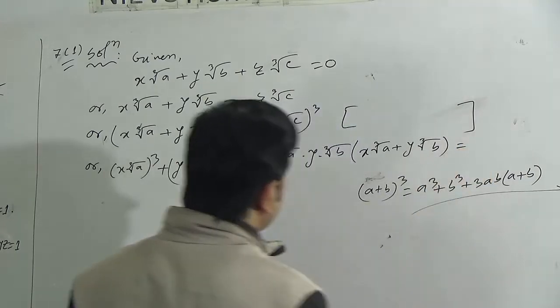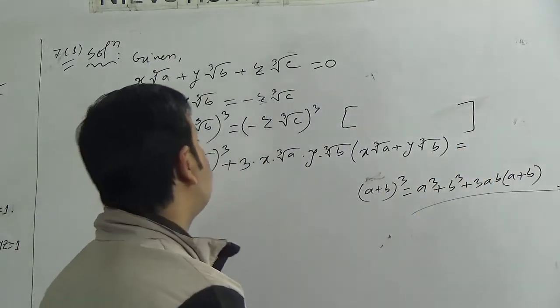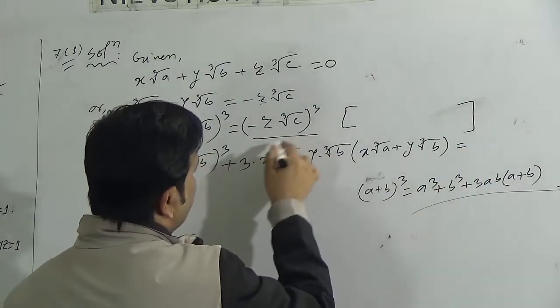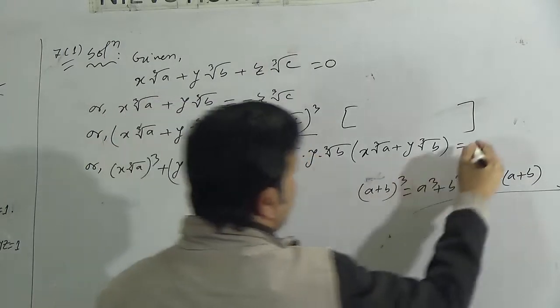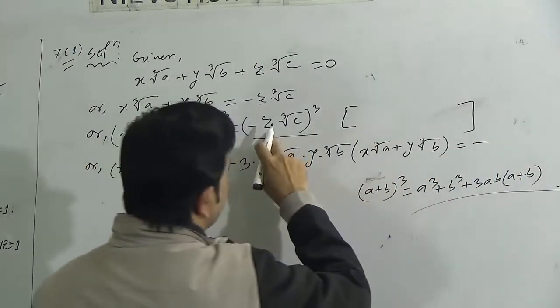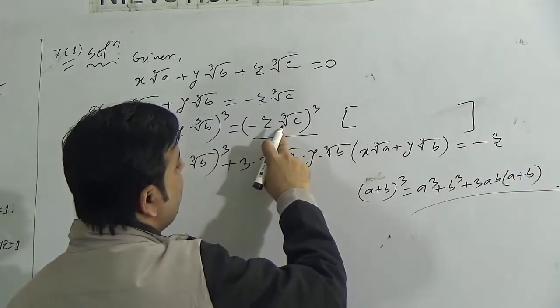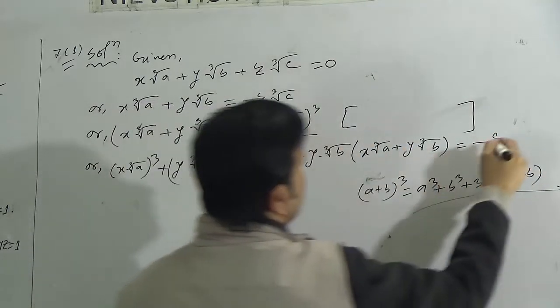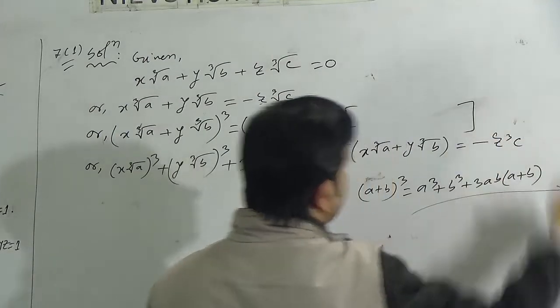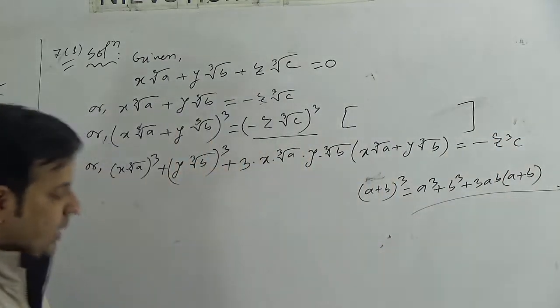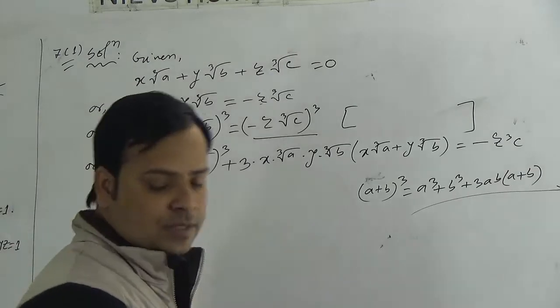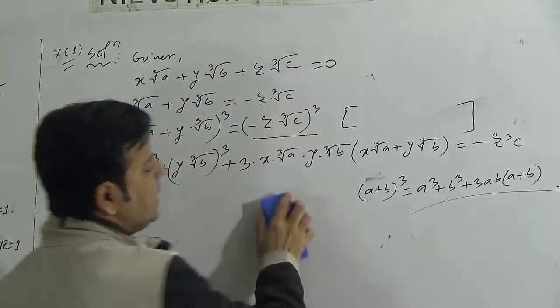That is equal to, now I have to do cube in the right side. If we do the cube of minus, it will be minus, cube of z will be z cube, and cube of cubic root C, the cube and cubic root will vanish each other, so we will get only C here. So minus z cube C in the right side we will get here.